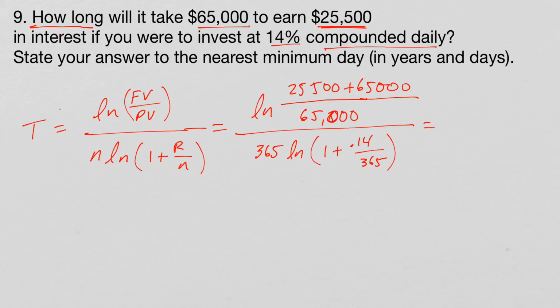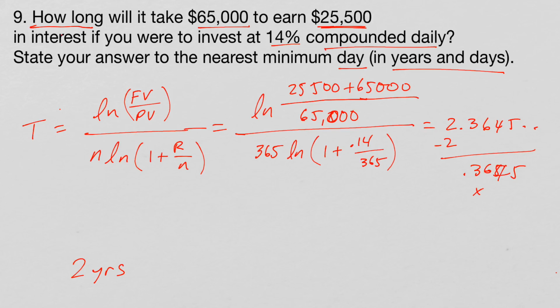And I'm going to get 2.3645 or something like that, some numbers after it. So that's 2 years. It wants to know the minimum day in years and days. So this 2 years, I'll put 2 years, and then I'll subtract out the 2. So this is a portion of a year, 3645 or whatever.